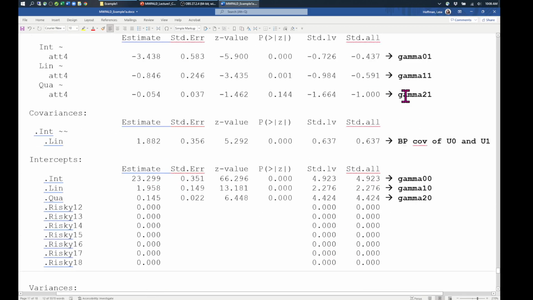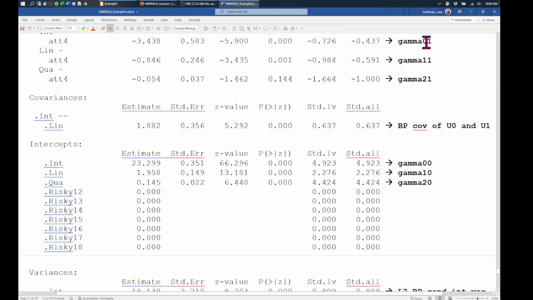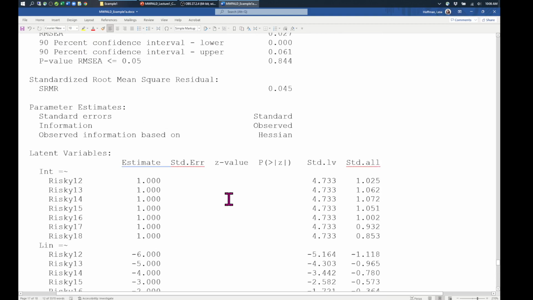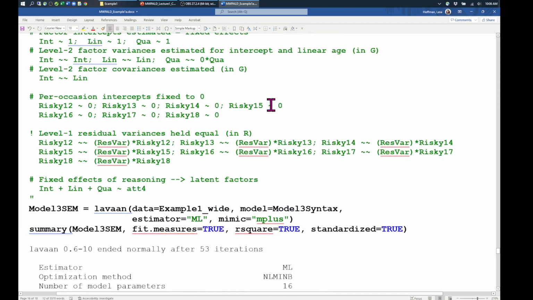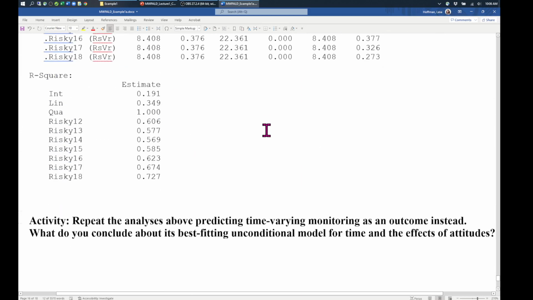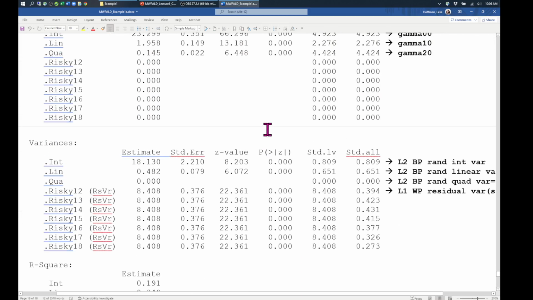And I have labeled off to the side here the correspondence between all the parameters in the mixed effects multilevel version and the SEM version. And indeed, there's a one-to-one correspondence. The only difference, there are very few differences, is that this is assuming perfectly balanced time rather than exact time, because lavaan doesn't do exact time, as far as I know. All right. And if you wanted to know some of the words that I would use to describe this, it's in chapter 7 of my book. That's where this example came from.